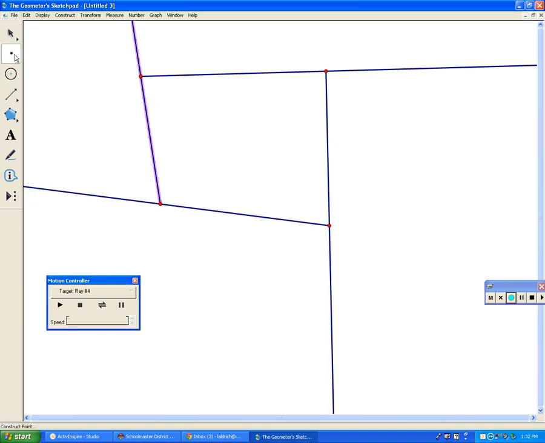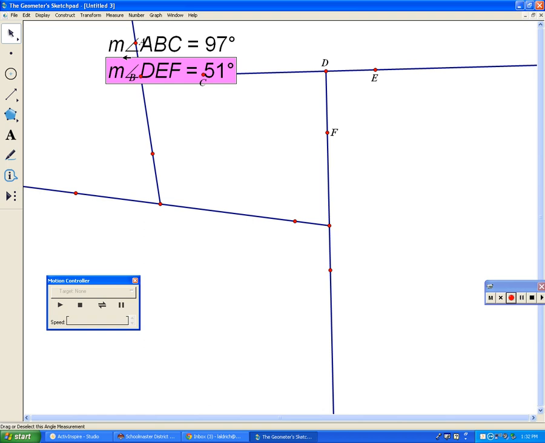So now I'm going to get a quadrilateral going here. And I'm going to play the same game. I'm going to measure one of the angles at each vertex. So I got a 97 right there. Whoa.